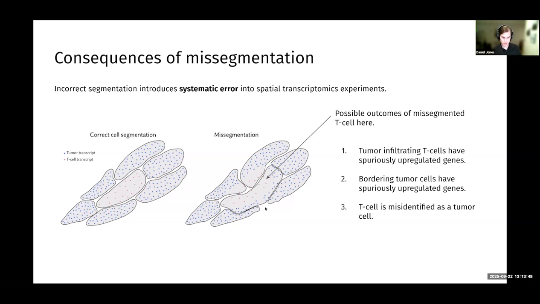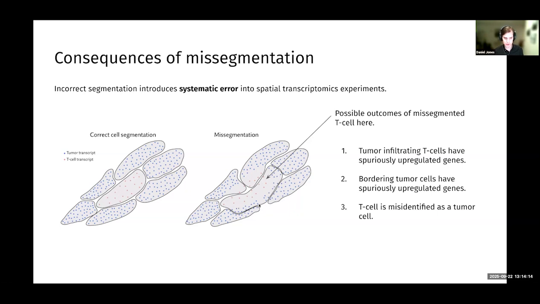But it's actually a pretty pernicious error for a few reasons. First of all, the thing we're trying to study is the relationship between gene expression and proximity of various cells. Now we've pretty badly confounded those two things, because if we want to say what's unique about these T cells that have infiltrated the tumor, well, it looks like they have a bunch of tumor genes that are upregulated.